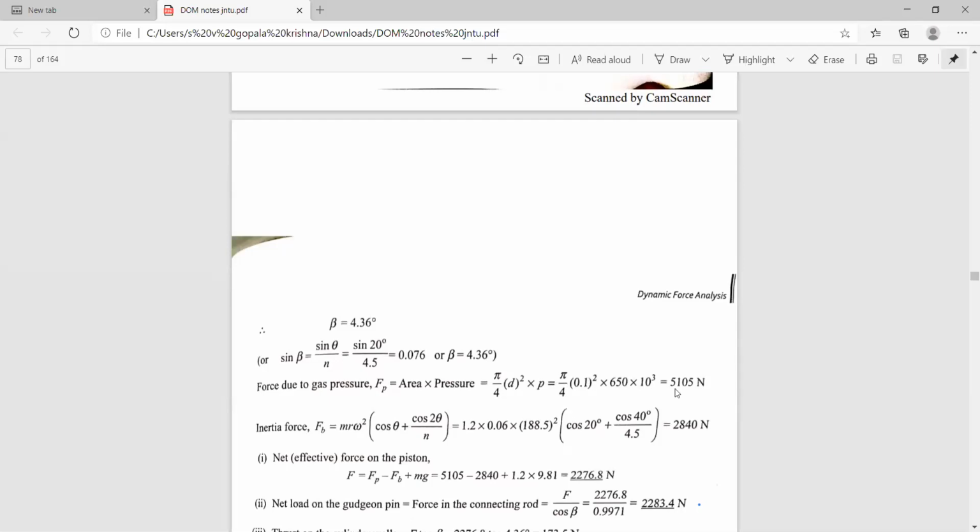That comes to nearly 5105 newtons. Inertia force is represented with Fb, that is m omega square r into cos theta plus cos 2 theta by n. Substituting the values, we get 2840 newtons.